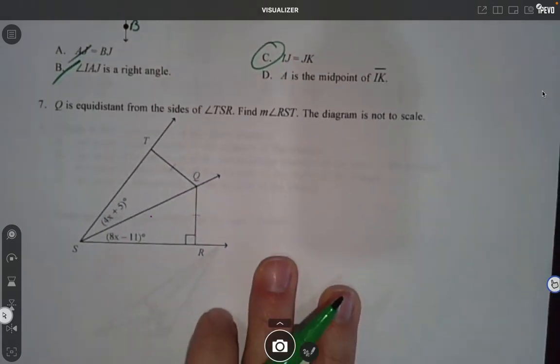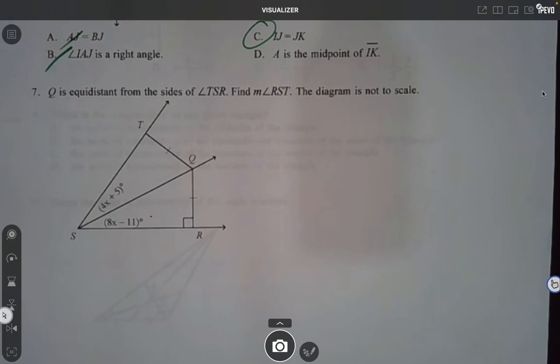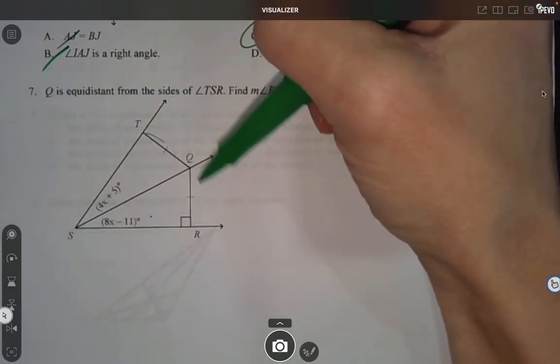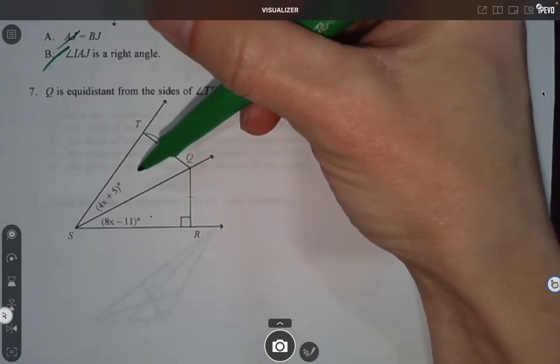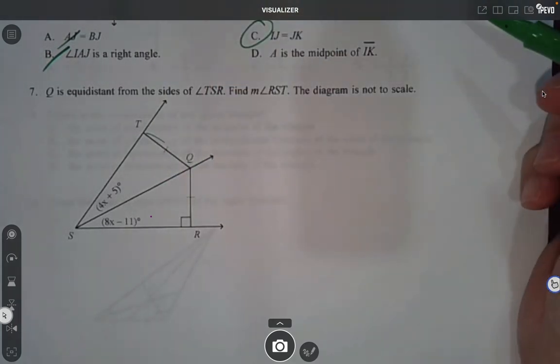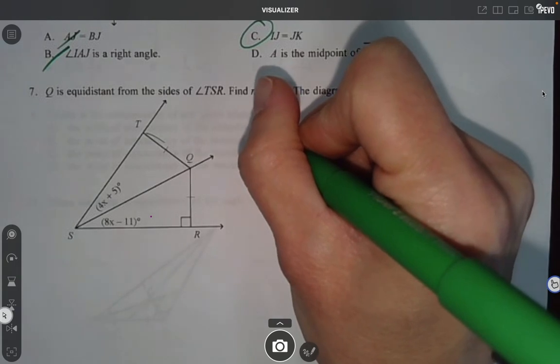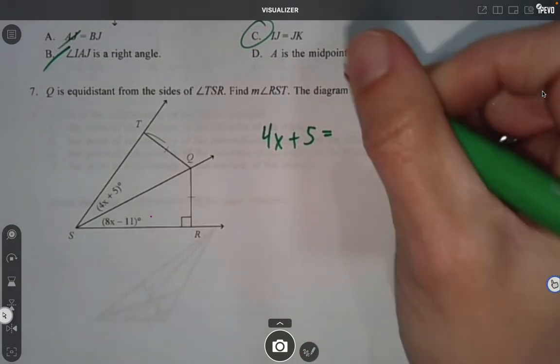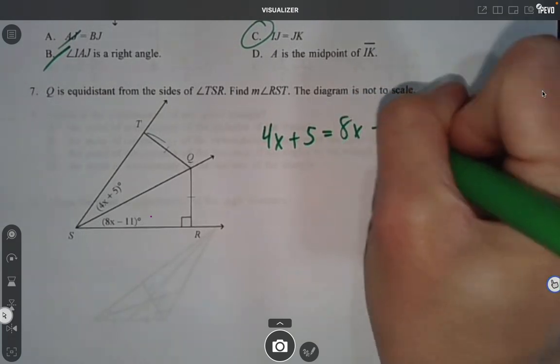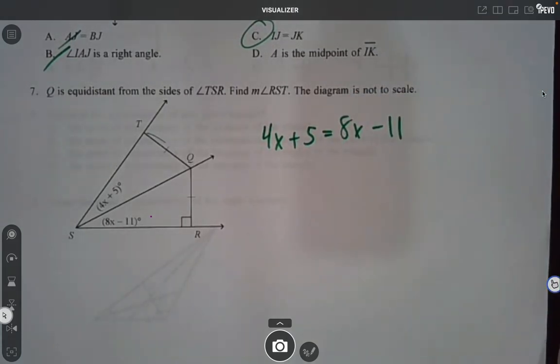Number 7. It gives me all this information about these two parts being equal. These are 90-degree angles. What do I know about these two angles? They're equal, so how would I write them? I'm going to put them equal: 4x plus 5 equals 8x minus 11. How would I solve it?